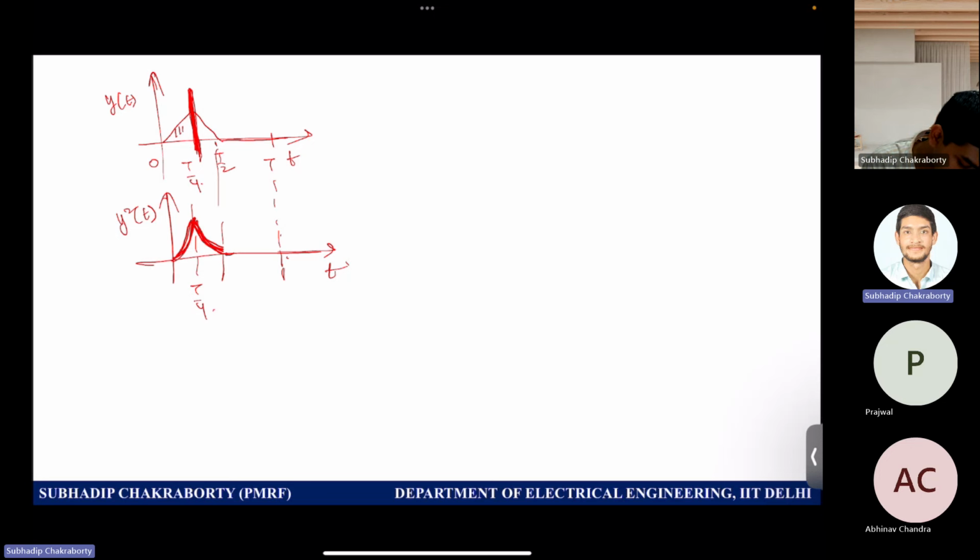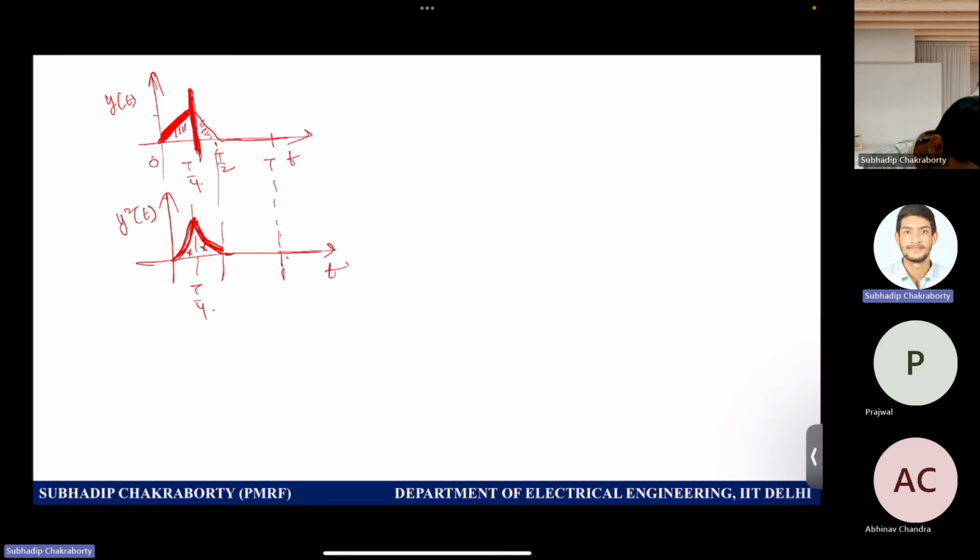This area is equal to this area. Agreed or not? Yes, sir. Then this area is also equal to this area. So if I know this equation and I try to integrate and determine the area under the square of the curve for this part only, then I can calculate for the other also by symmetry.